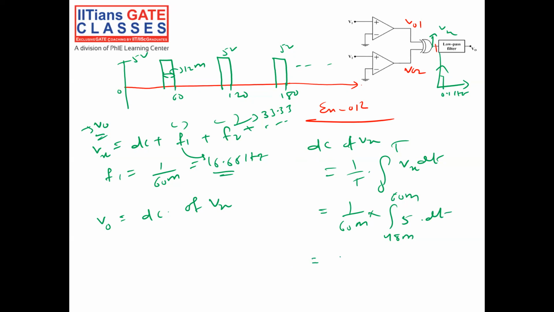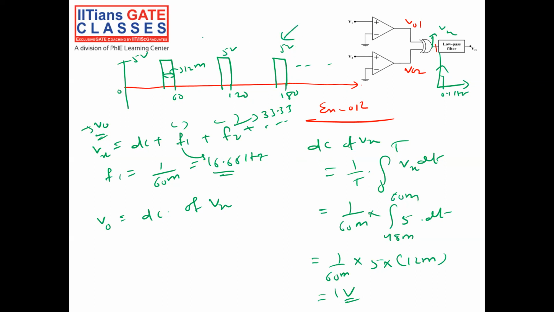So I will have 1 by 60 milli into 5 into (60 minus 48, which is 12 milli). So 12 milli into 5 over 60 milli, all get cancelled. I got 1 volt. So 1 volt is the DC magnitude of my waveform at Vx.